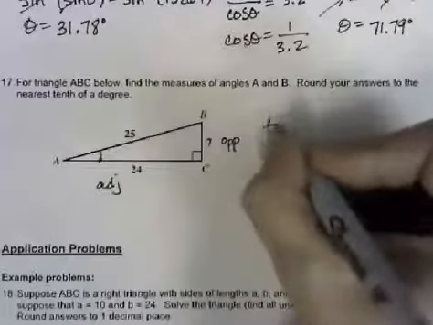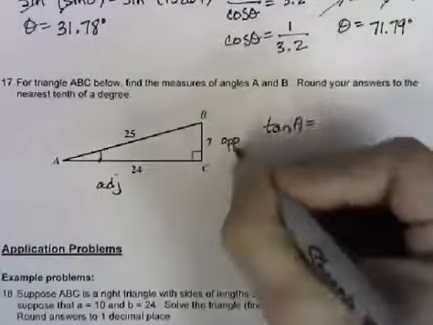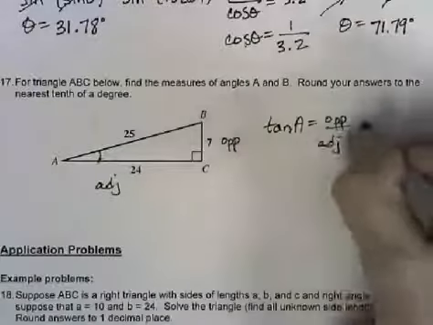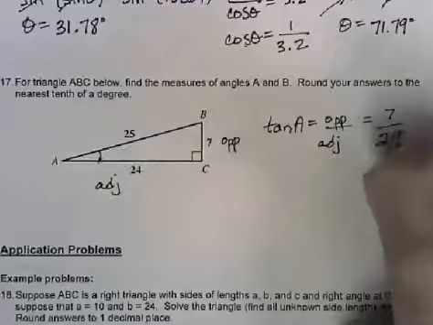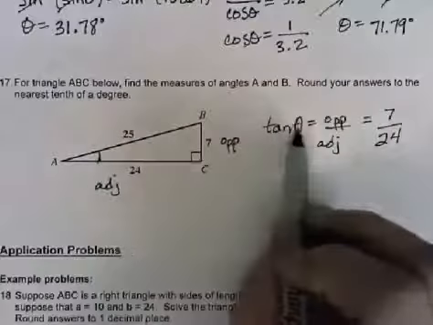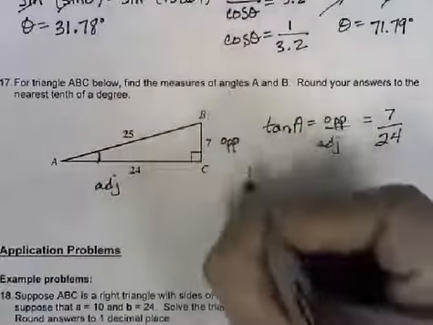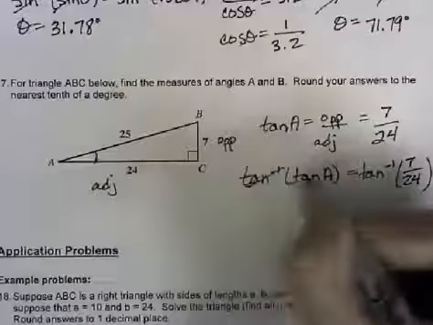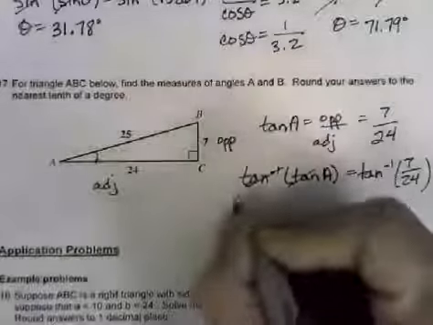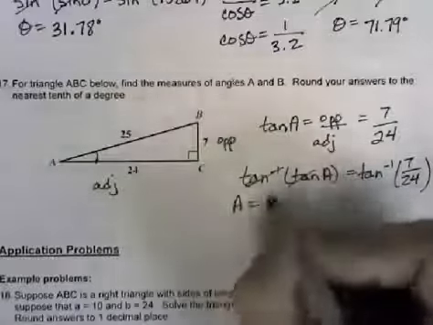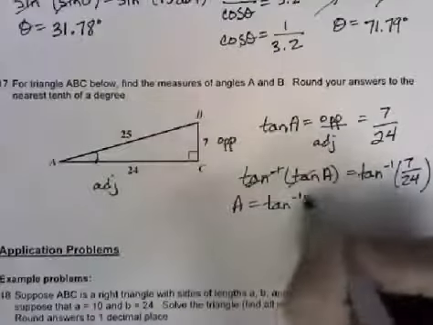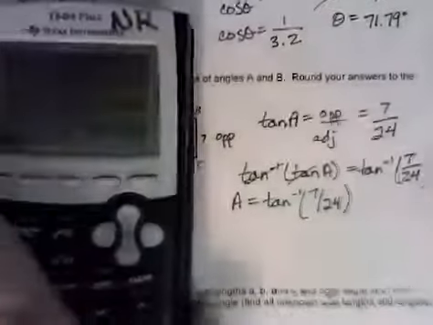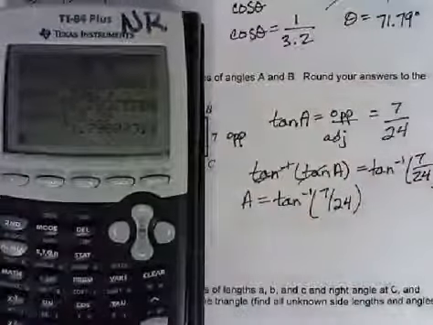So tangent of A would equal opposite over adjacent, which would be 7 over 24. If we're trying to find the measure of angle A, we could use our inverse tangent function on both sides of this. That lets these two functions cancel each other out on this side. And we can use our calculator inverse tangent function to find the measure of angle A.